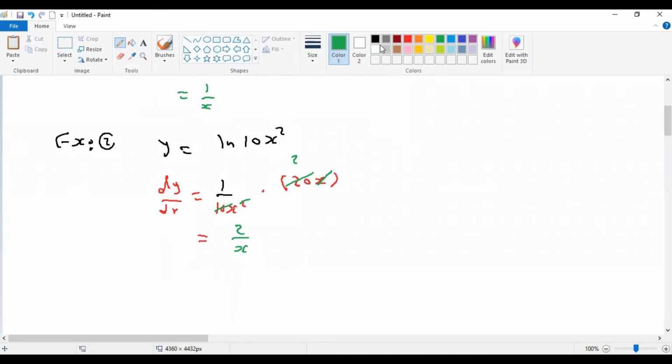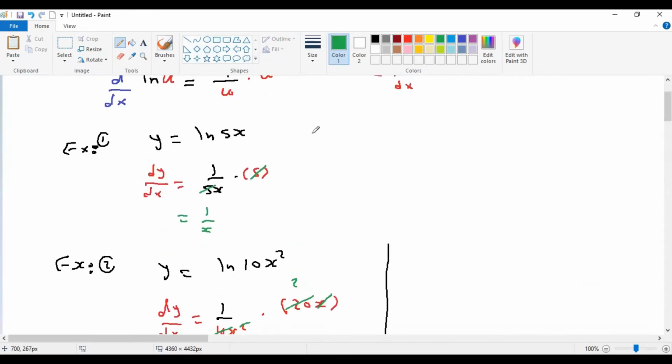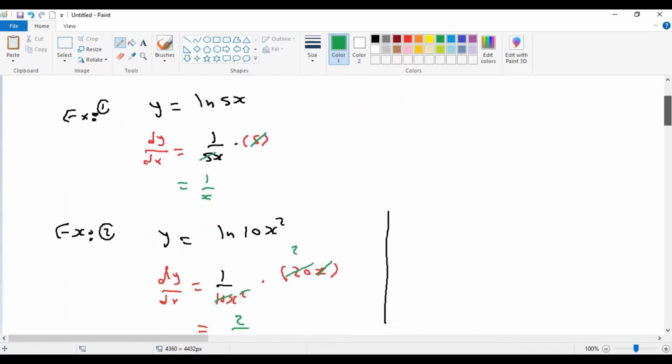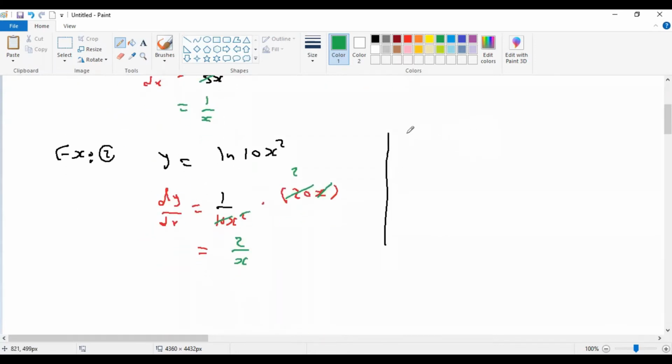Another example. Example number 3. Don't forget the rule, students. The rule is the derivative of ln u equals 1 over u times the derivative of u. Let us say y equals ln of 5x squared plus 2x. So y prime, or dy/dx, equals 1 over u.